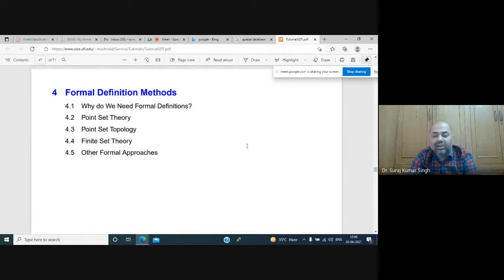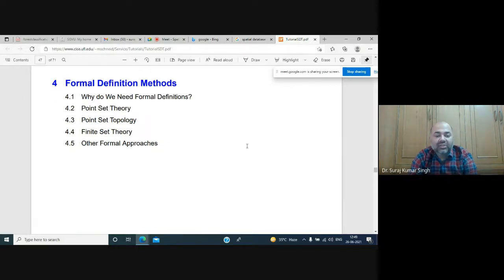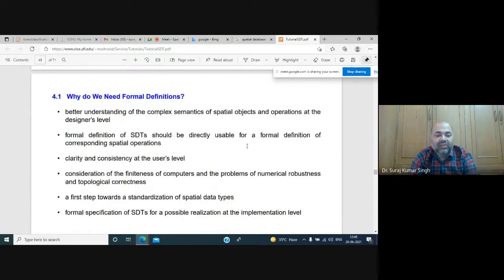And finally, you have formal definition methods. What are those formal definition methods and why do you require such definitions? It is important for better understanding of the complex semantics of spatial objects and operations at the designer's level.